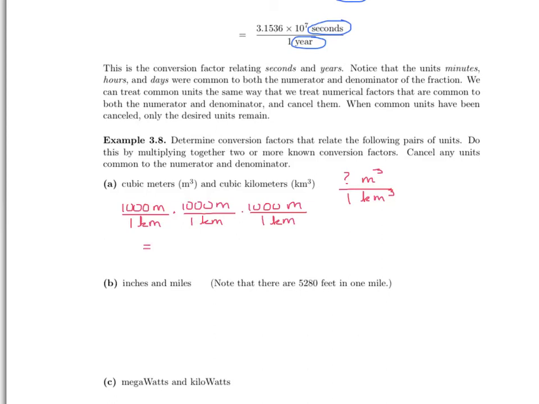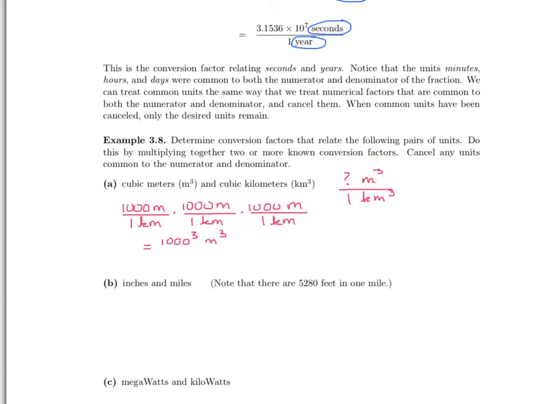If I multiply these 3 fractions together, notice I get 1,000 cubed in the numerator, and also in the numerator I multiply meters by meters by meters. That gives us meters cubed, which is what I was trying to obtain.